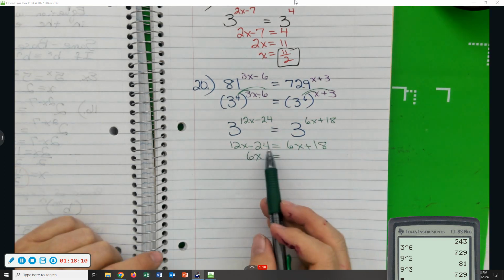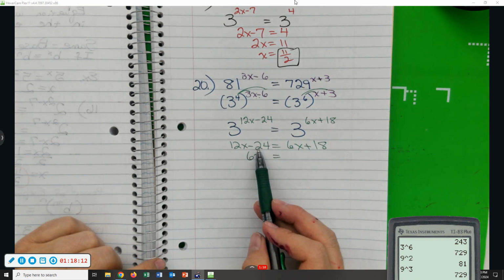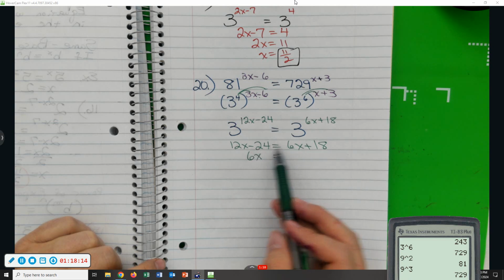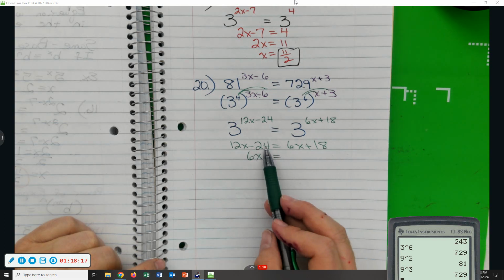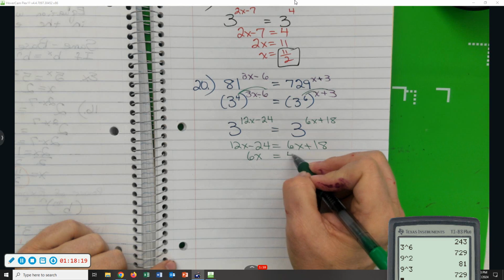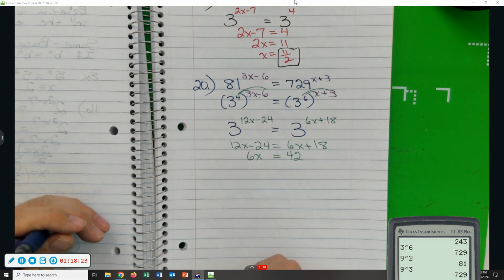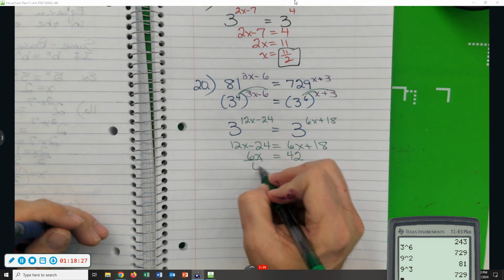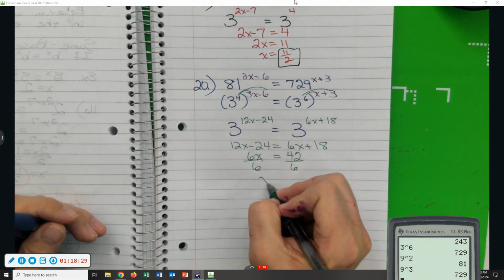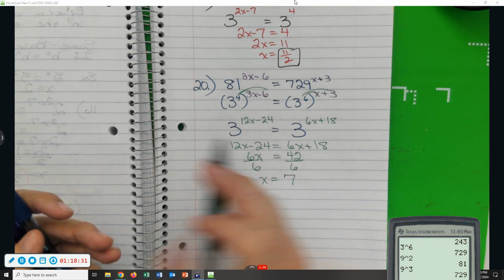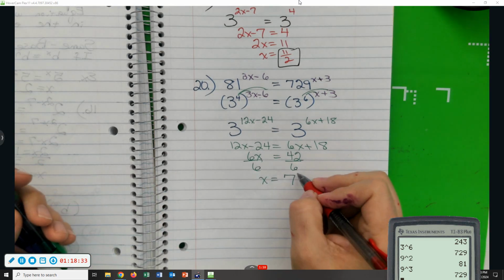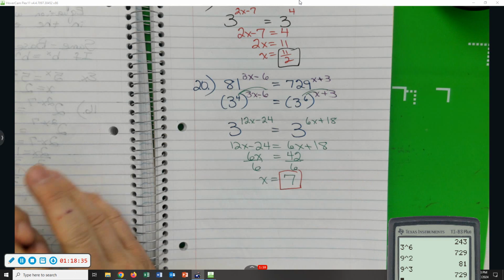What would I do with that minus 24? Add it. 18 plus 24 is giving me a positive 42. And then what? Divide by 6 to give us x equals 7. For my final answer.